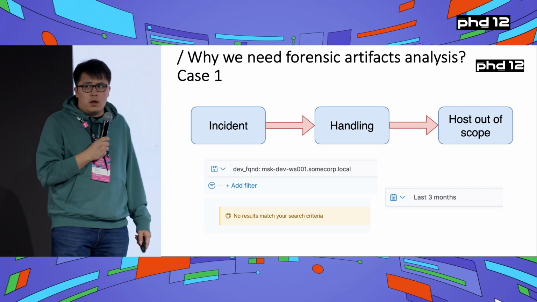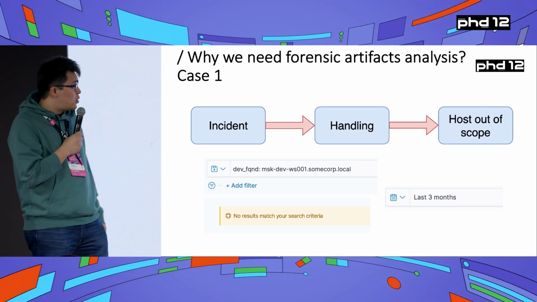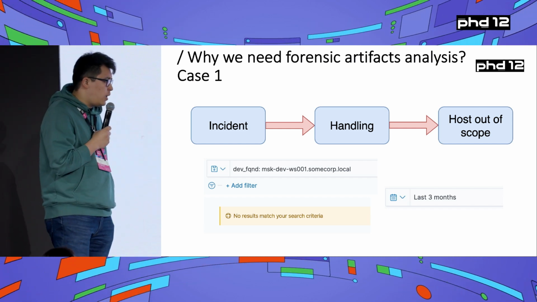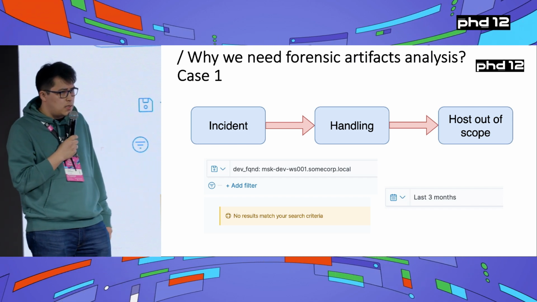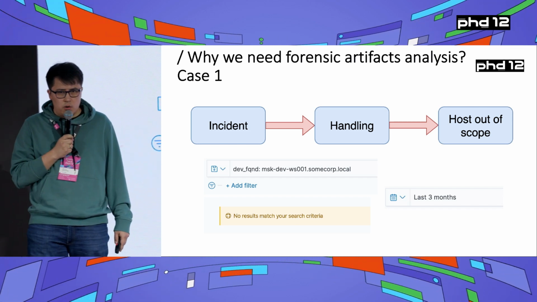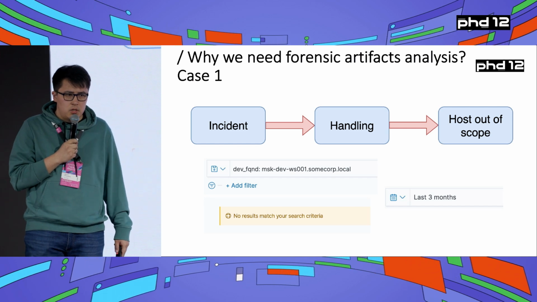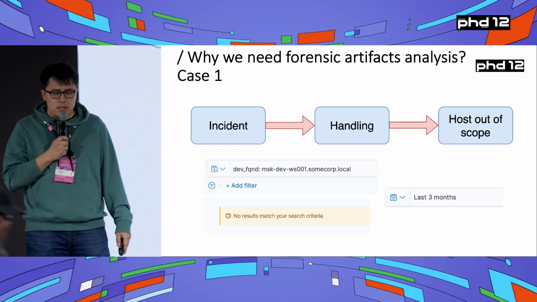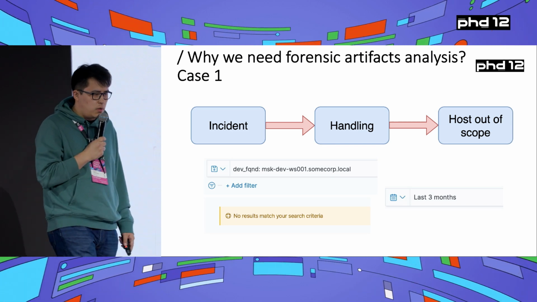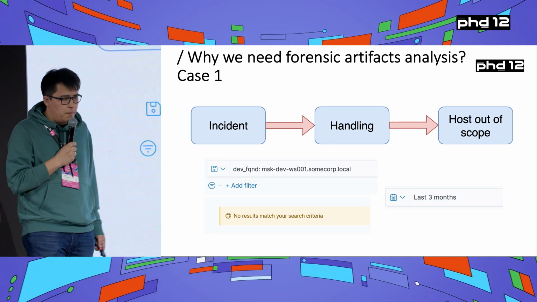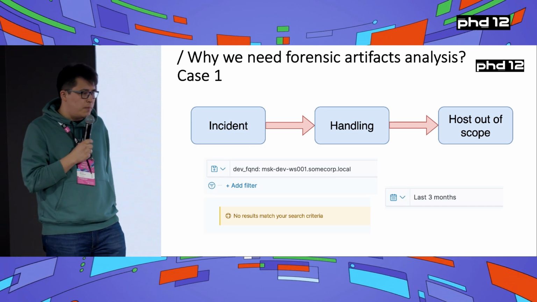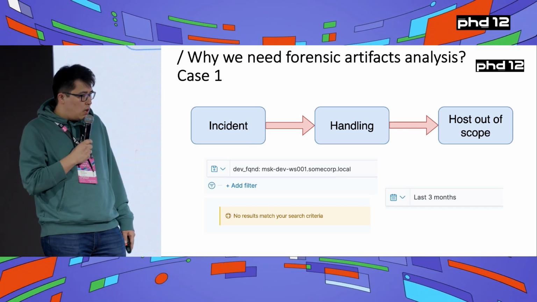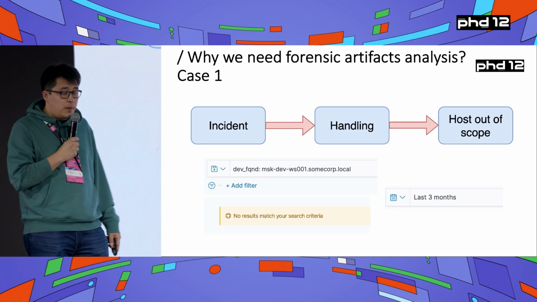The host is outside of scope. Like the antivirus software detects some suspicious host activity. We try to understand what kind of host it is, and we have no information from this host because it is not covered by our monitoring, and it is in a segment which is not subject to monitoring.